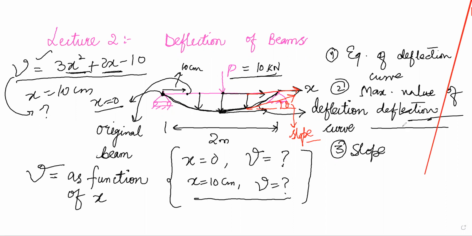Let me make you understand the approach of obtaining the deflection curve. We'll be finding the deflection curve. First is doing analysis of beams. If we perform the analysis on beams, then we will obtain the equation of the deflection curve.